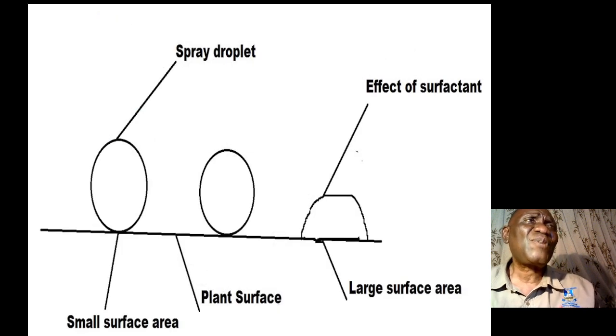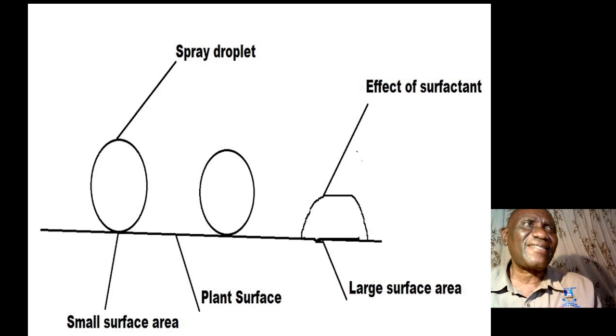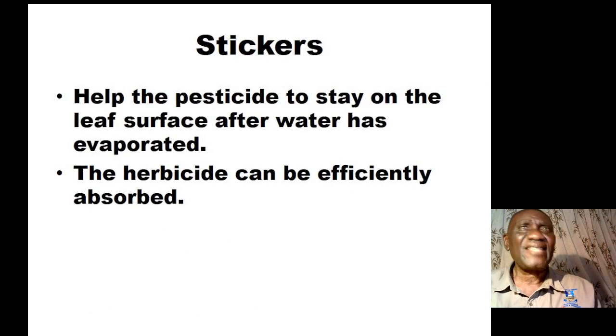This is the case where we have a droplet which is circular in shape, which can easily roll off the leaf and miss the target. If you then put a surfactant, you can flatten that droplet, making it stay where we want it. That is the reason why we put surfactants.